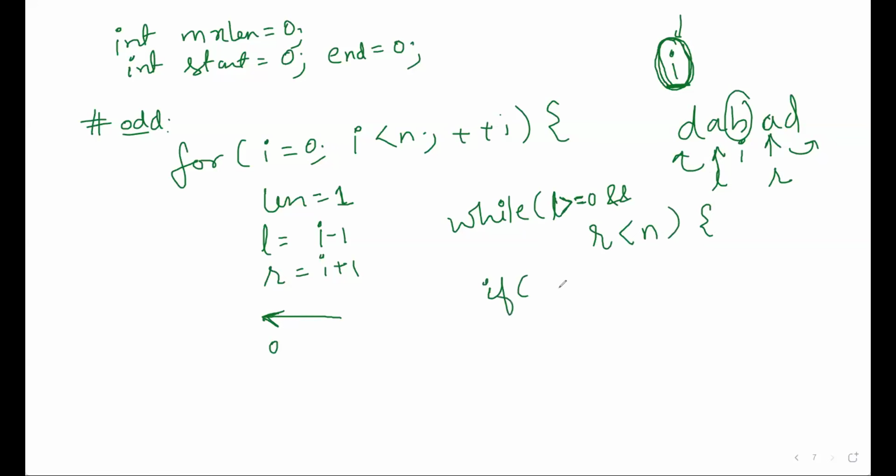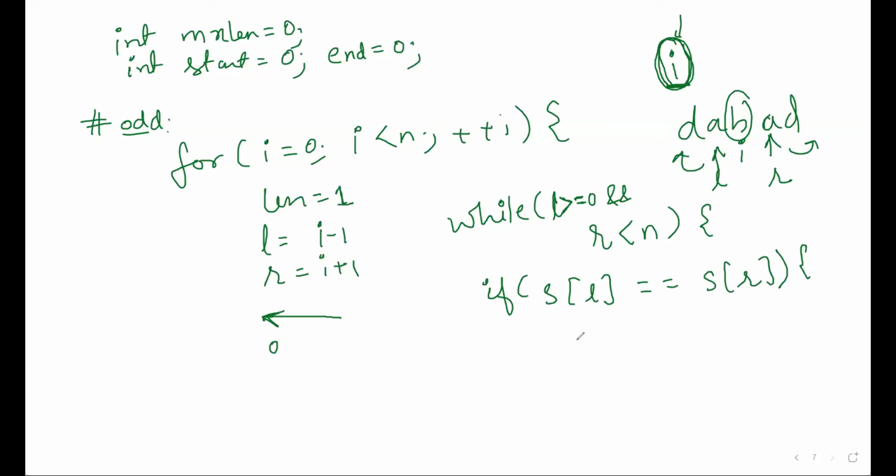Next thing you compare is, are they equal? If suppose S is my string, are these two characters equal? If they are equal, it means you can take them in your substring.